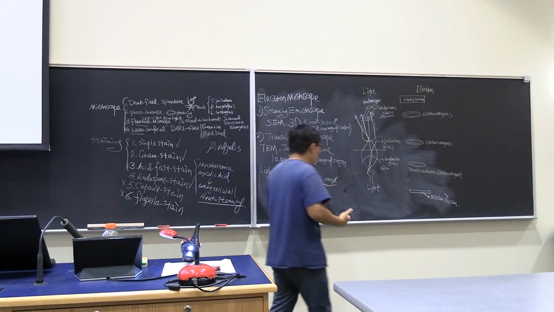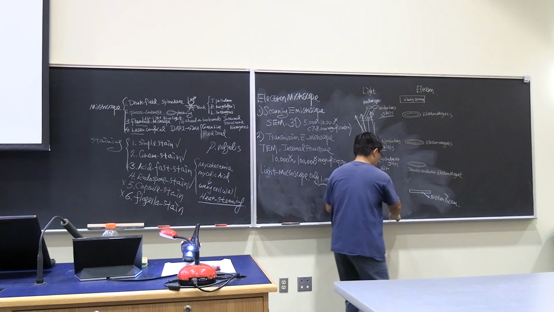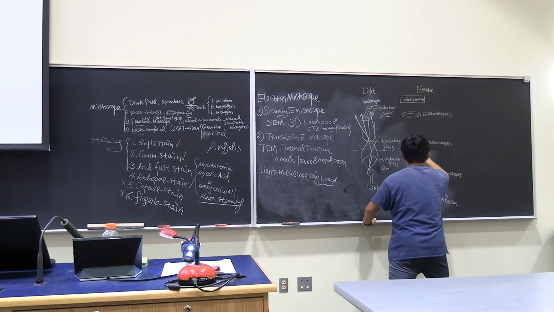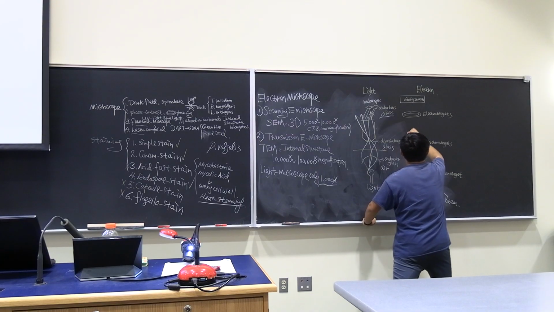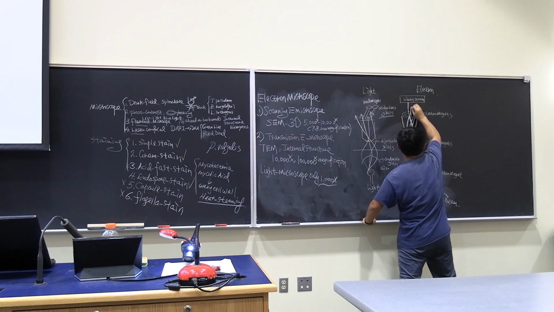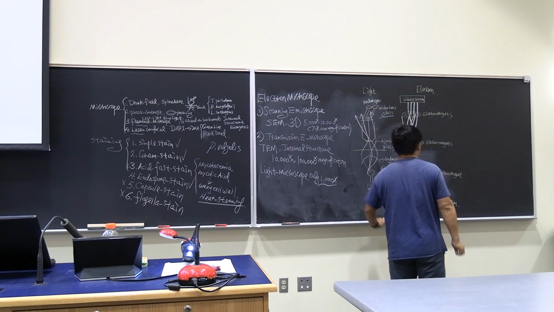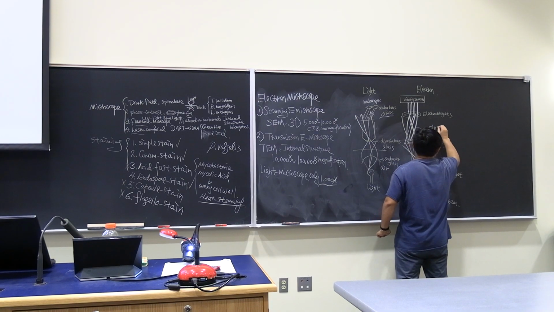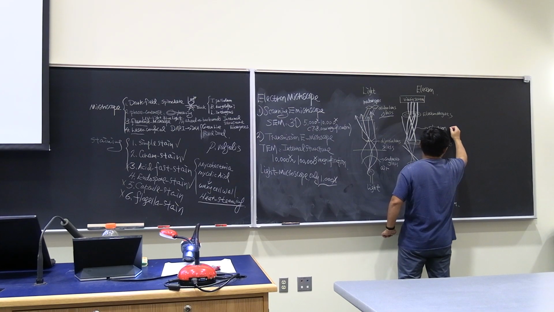And instead of you have a light passing through, this is basically, let's say you go here. These electron, we call it an electron ray.